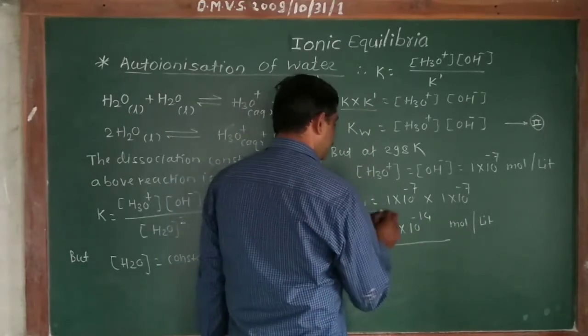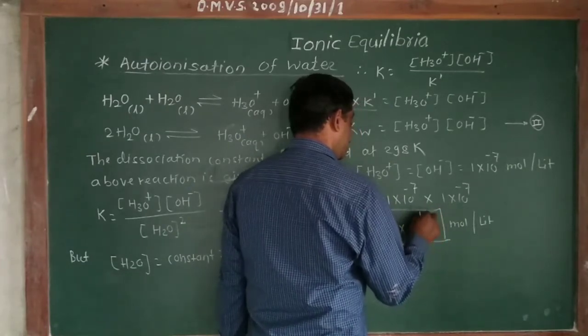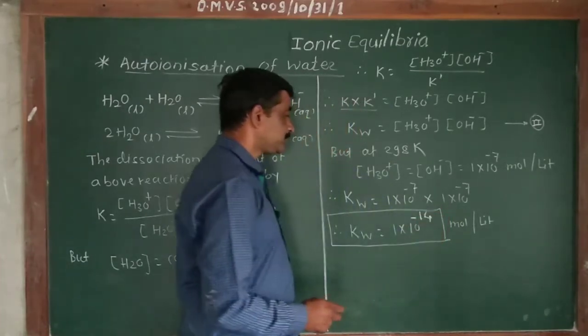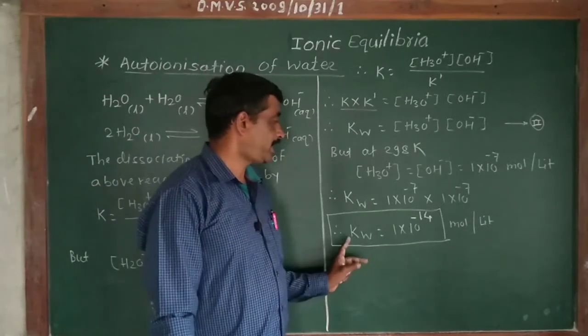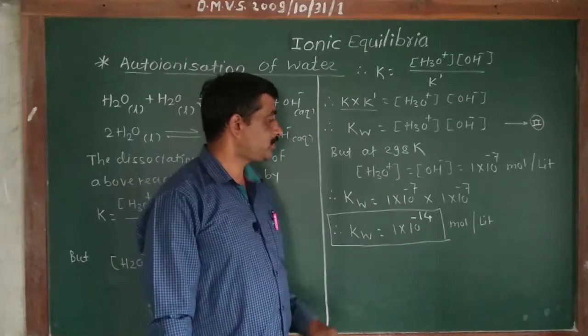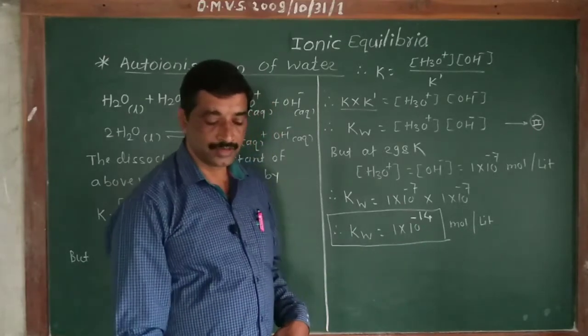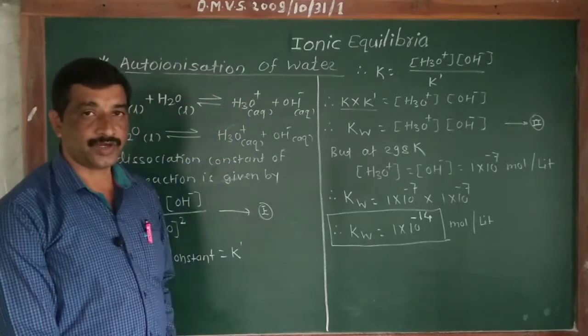So this value gives us the ionic product of water, and ionic product of water is equal to 1 into 10 raised to minus 14 moles per liter. So this is about the auto-ionization of water.